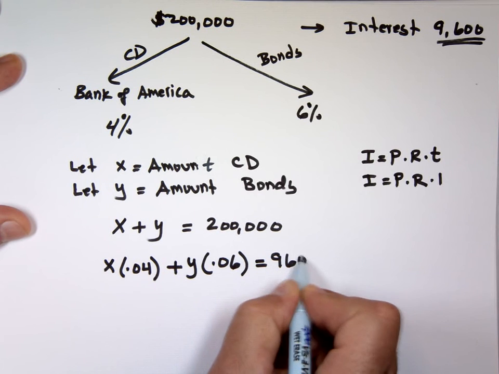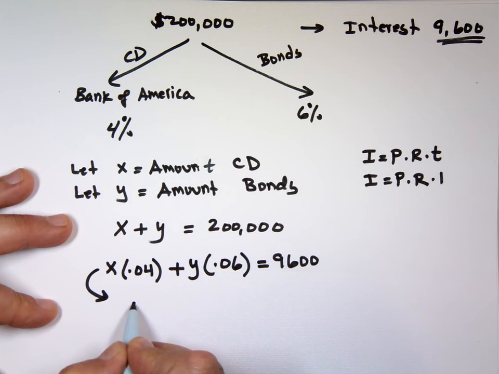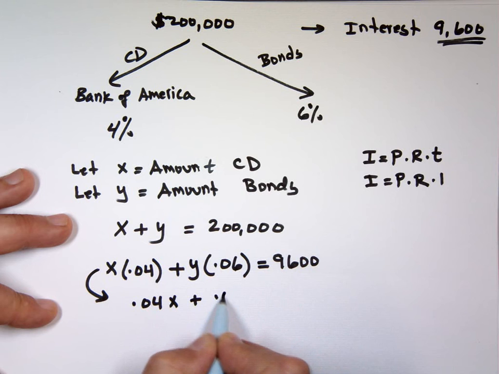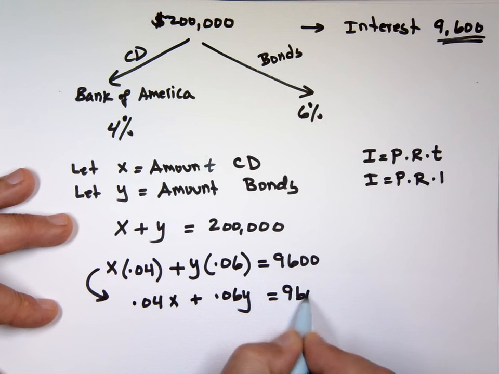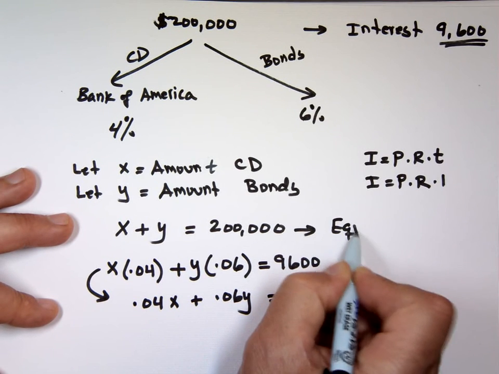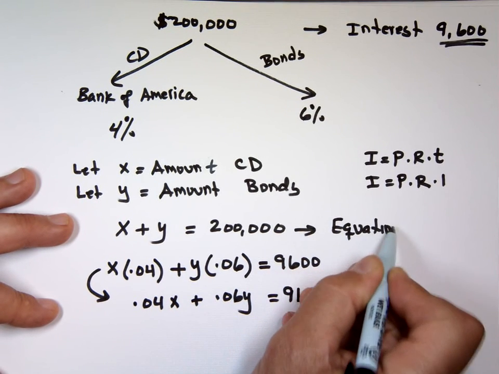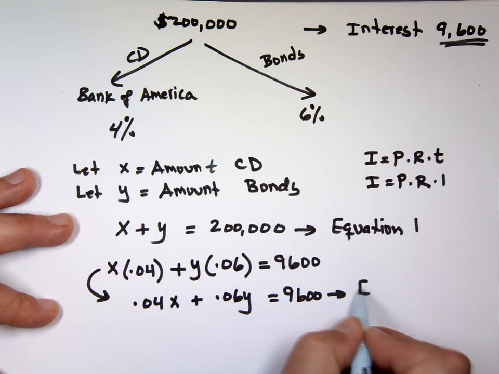And that's my second equation. If I clean it up, this becomes 0.04x plus 0.06y equals 9,600. So that's equation number 1, and this is equation number 2.